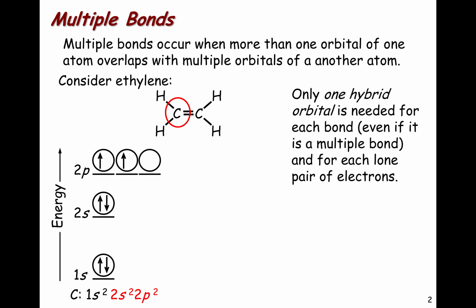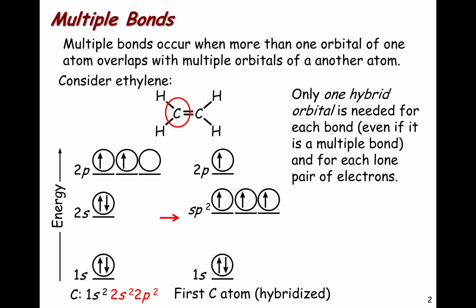This then produces our sp2 hybrid type orbitals, and then also leaves behind the one electron in a purely 2p type orbital.